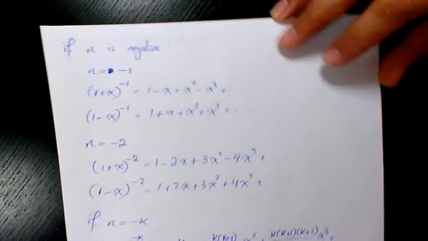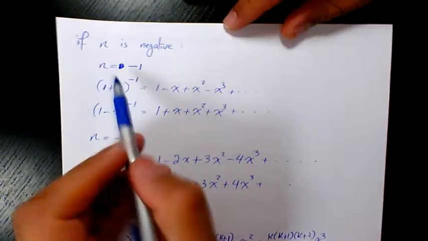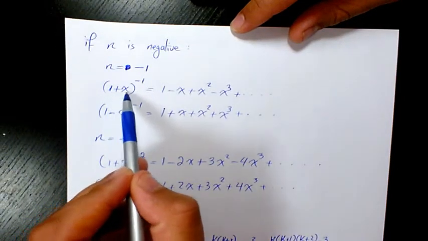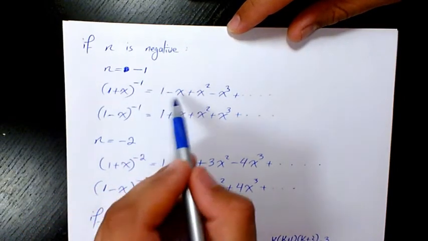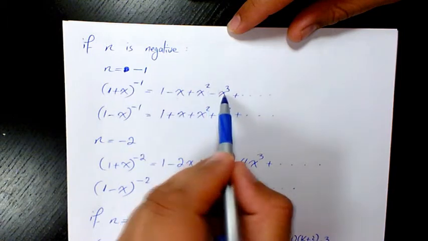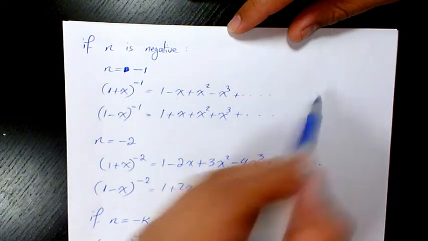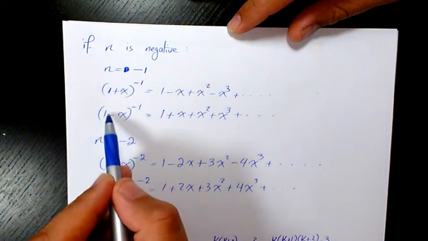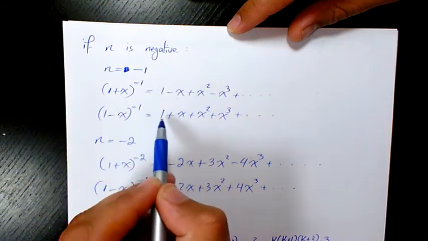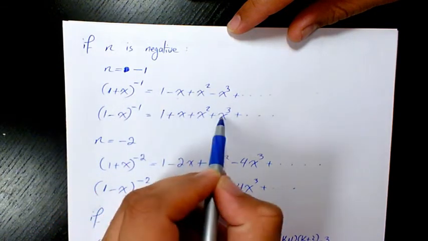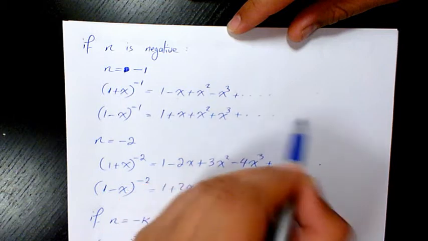If n is negative, for example, if n is negative 1, (1 + x)^(-1) is going to be 1 minus x plus x squared minus x to the power of 3 and so on. Next, (1 - x)^(-1) is going to be 1 plus x plus x squared plus x to the power of 3 all the way there.